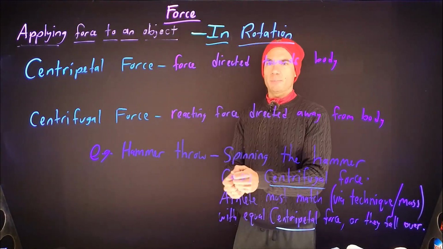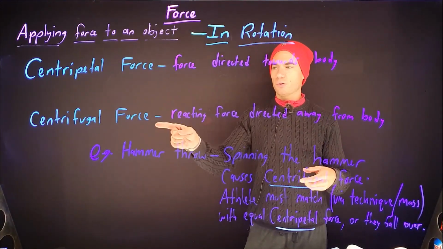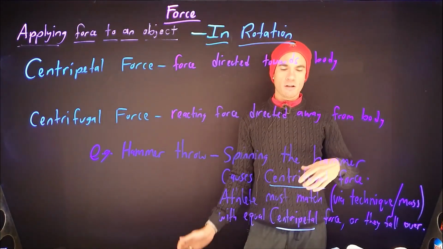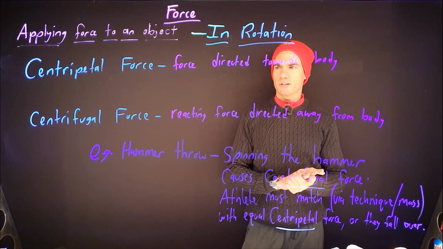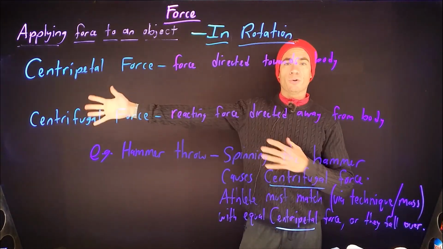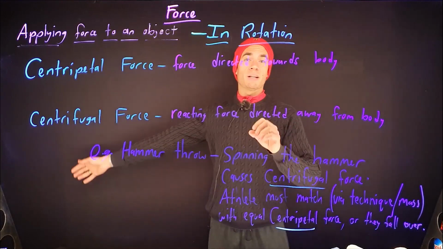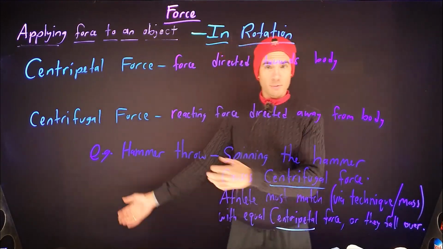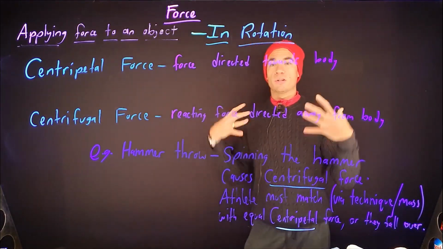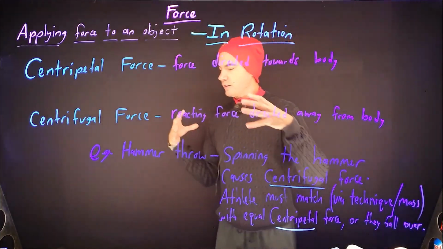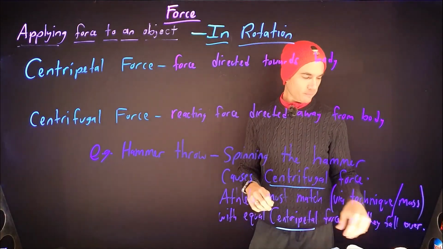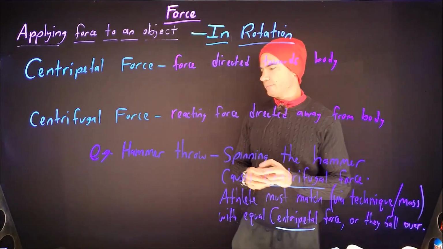So if you pick up a hammer and start spinning it around and you can't match the force being generated, you're just going to go with the hammer, okay? Or alternatively, if you think about it in the opposite direction, if you do pick up a hammer and start spinning it around and you're generating centrifugal force, but then you counterbalance with too much centripetal force, you'll fall backwards, all right? So remember, according to Newton's third law, every action has an equal and opposite reaction, and that always needs to be matched to improve performance.